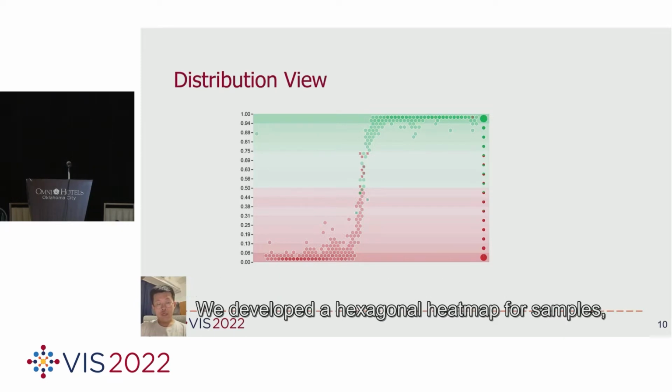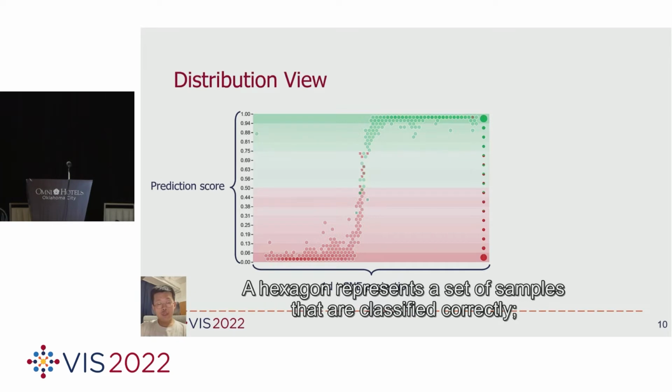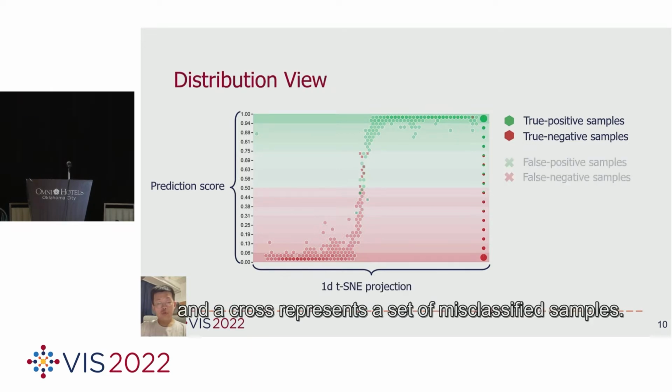We developed a hexagonal heat map for samples, which integrates the prediction score with a one-dimensional t-SNE projection. A hexagon represents a set of samples that are classified correctly, and a cross represents a set of misclassified samples.